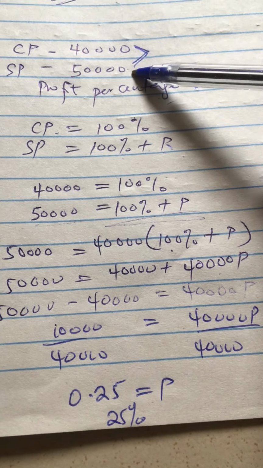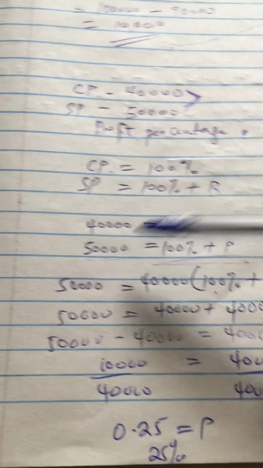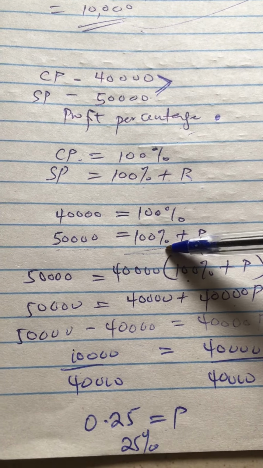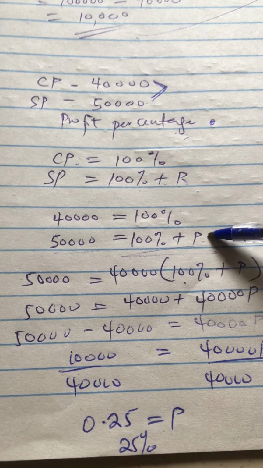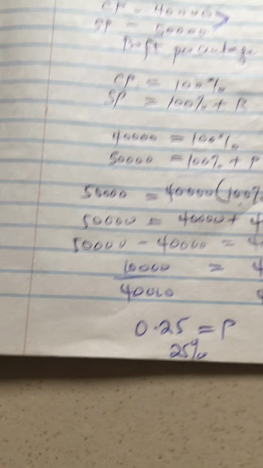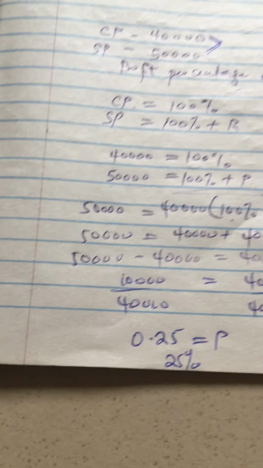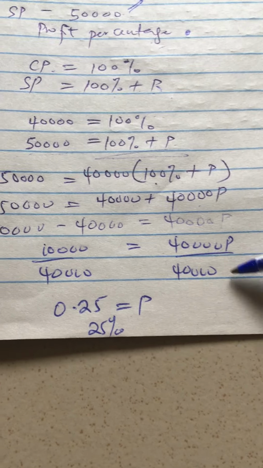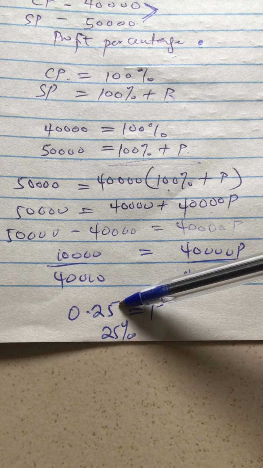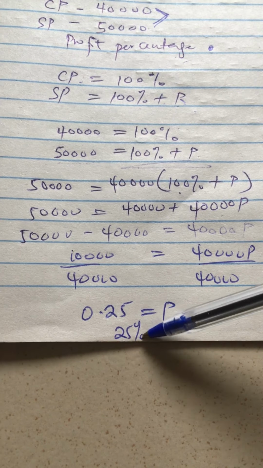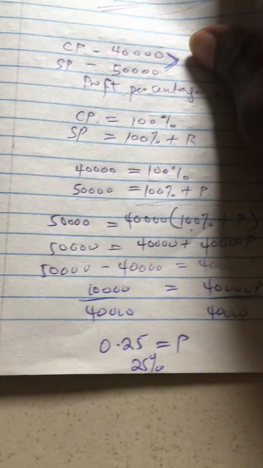Then our selling price is 50,000, so 50,000 is equal to 100% plus P. We don't know this percentage, and so we just do cross multiplication. This will multiply that. Then you get P equal to this. This is a percentage, multiplied by 100, you get 25%.